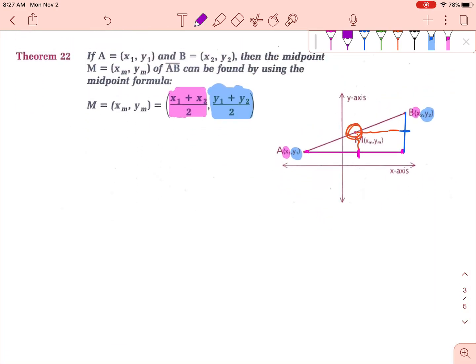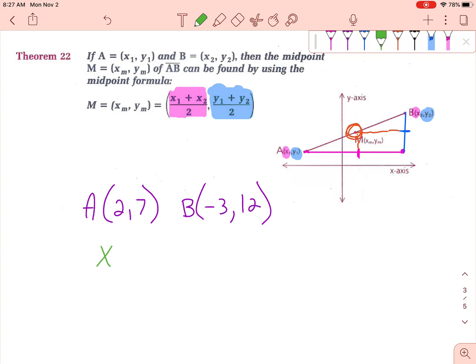So just as a quick example, let's say we wanted to find the middle of A (2, 7) and B (-3, 12), okay? Again, to find the midpoint of the x's and the y's, so we call that the middle x and the middle y, we add the x's together and divide it by 2.